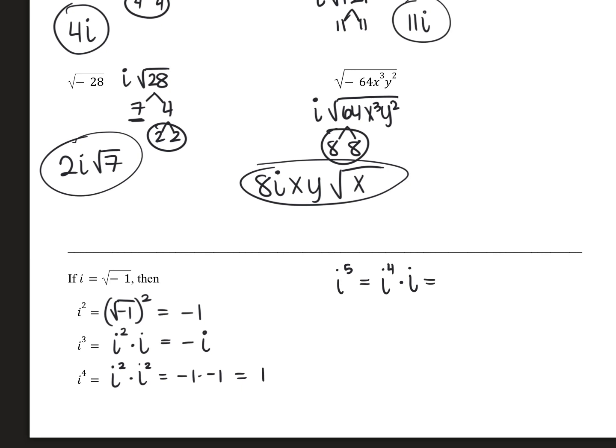And we just talked about the fact that i to the 4th is 1, so that just becomes i. i to the 6th is the same thing as i squared. i to the 7th is the same as i cubed. i to the 8th is the same thing as i to the 4th. So the powers of i are what we call cyclical. They repeat after a certain cycle, and that cycle is exponents of 4.